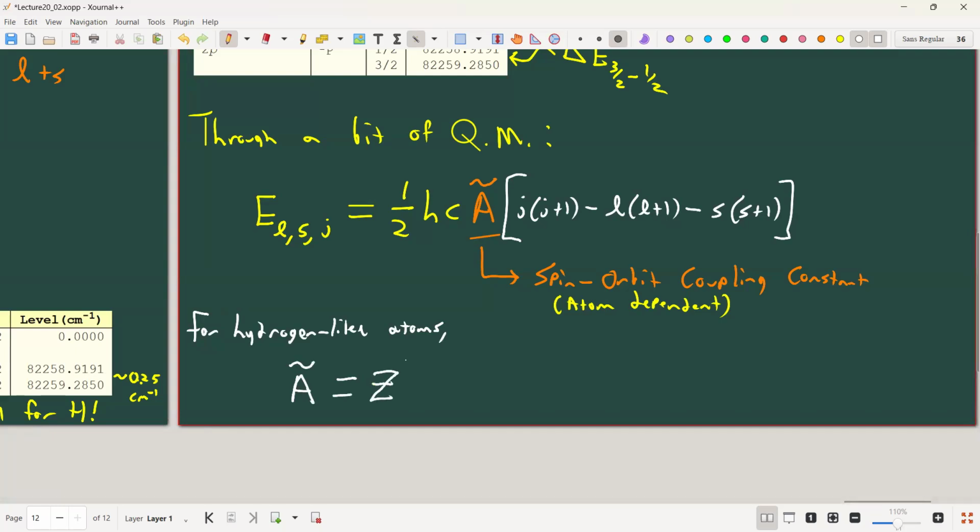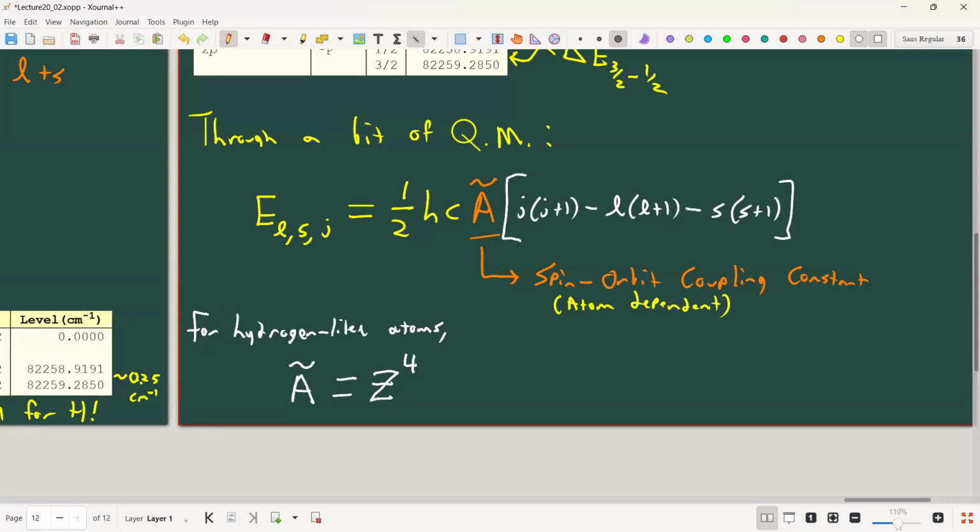A is proportional to Z to the 4th. Z is the nuclear charge of the atom. So this is interesting, right? As the atom gets bigger, the coupling between orbit and spin increases. Why would that be? Because we're not really talking about the nucleus. We're talking about the electron coupling to itself. Spin of the electron coupling with the orbit of it.